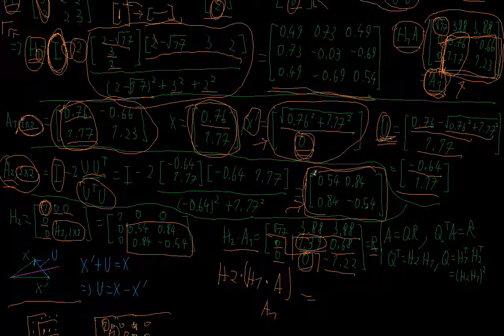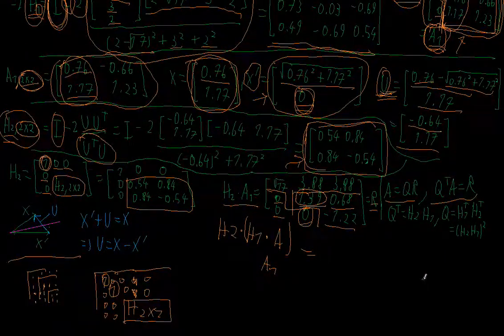Yeah, and so again, remember, A is equal to QR, Q transpose A is equal to R, as usual. I think you saw that enough. So Q transpose is equal to H2 times H1, okay?